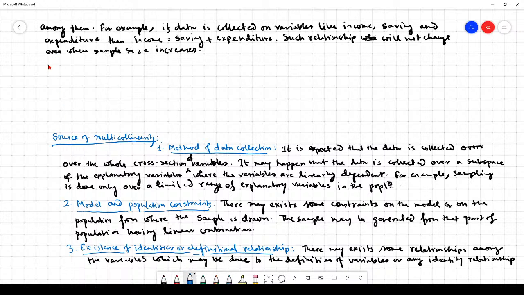Next reason is imprecise formulation of model.